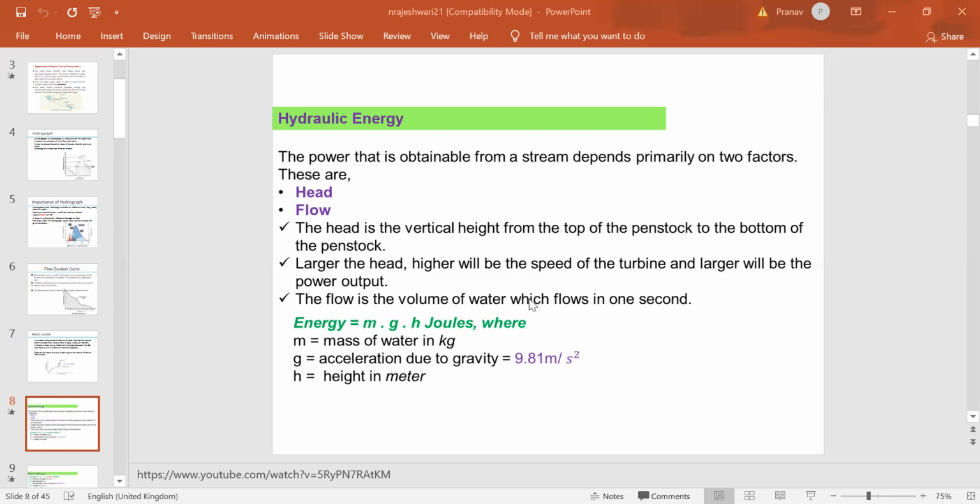The energy is given by mgh. M is the mass of the water in kgs, g is the acceleration due to gravity, that is 9.81 meters per second square, and h is the height or head in meters.